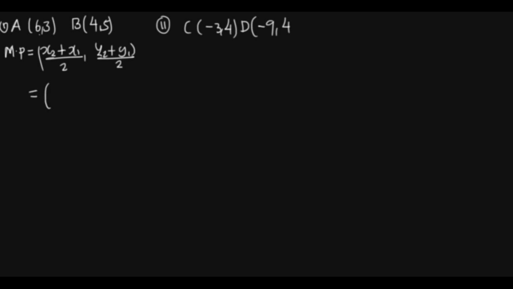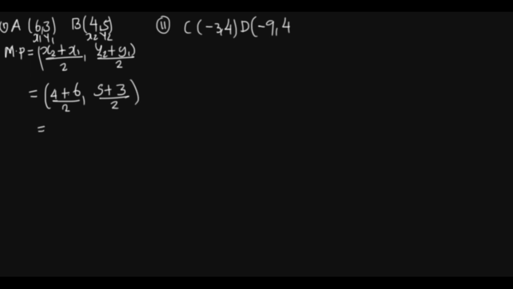So let's say x1, x2, y1, y2. So the x2 is 4 plus 6 over 2. Then from there, our y2 is 5 plus 3 over 2.